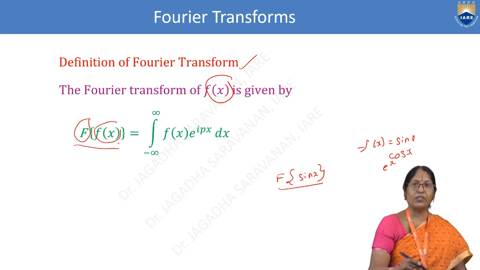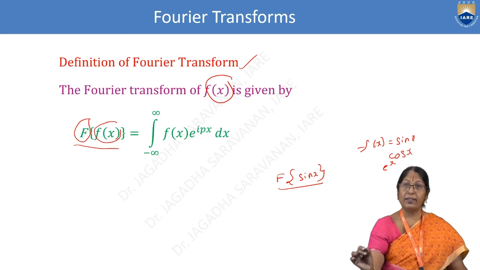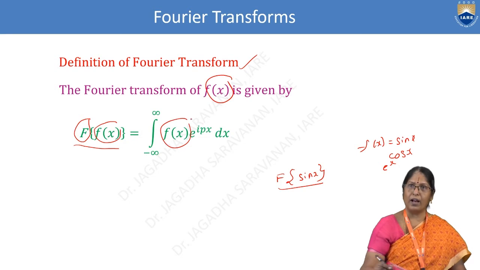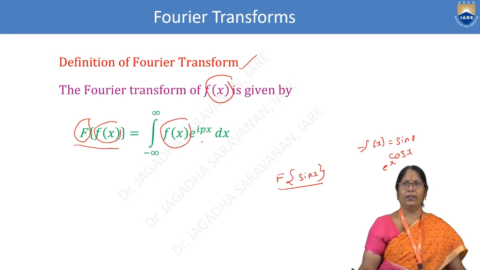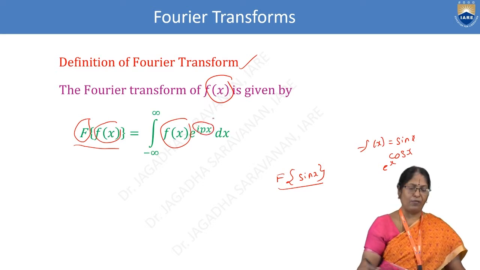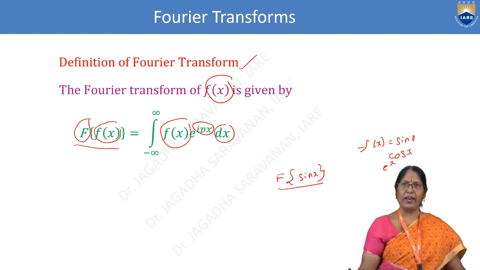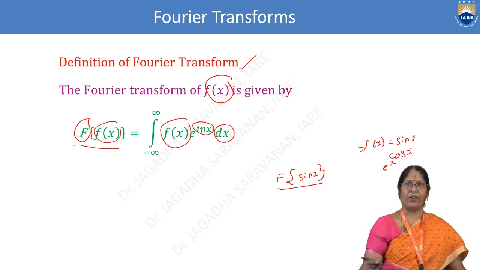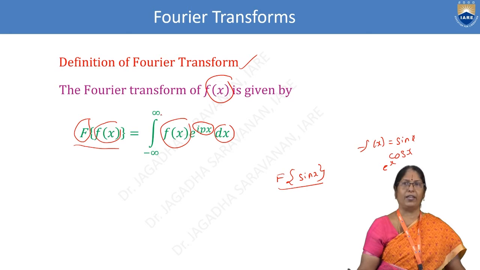The Fourier transform of the function f of x is nothing but the function f of x multiplied by e power ipx, and we have to do the integration with respect to x between minus infinity to infinity.